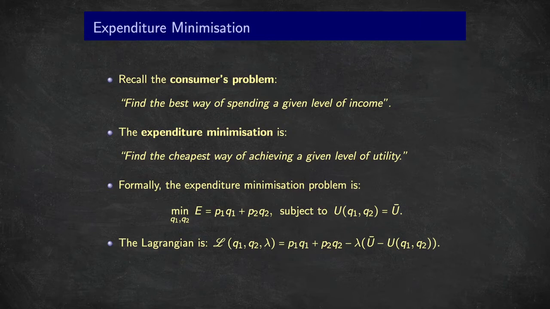You would take the thing that we're trying to minimize, P1 times Q1 plus P2 times Q2, and then deduct from that the Lagrange multiplier lambda times the difference between the target utility U bar and the utility level of the bundle that contains Q1 units of good 1 and Q2 units of good 2.